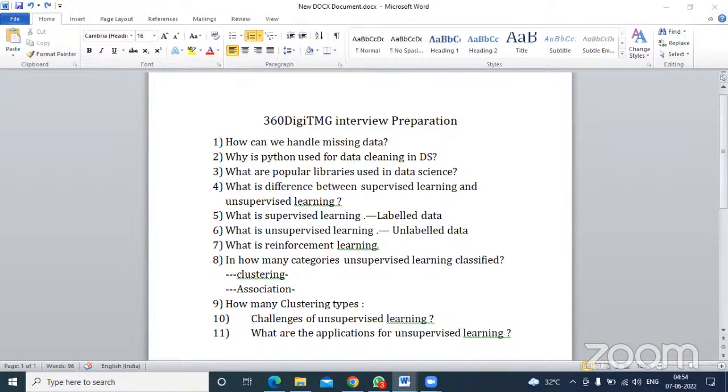Who was asking me about the answer keys also? Okay then. Next time the session will be like this only. I'm going to write the questions and I'm going to explain. Okay, guys.